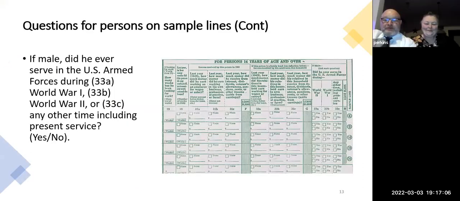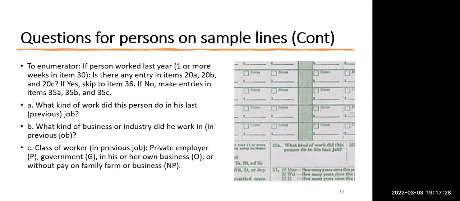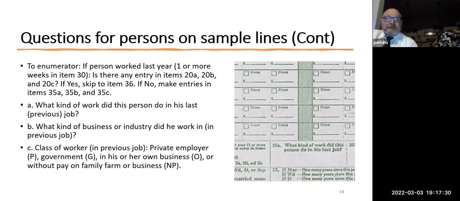The next question that was asked of them was about their military service, if the person had spent any time in World War I, World War II, or any service at all. And then it gets into specific questions. The sixth person that they enumerated, who fell into this additional questions group, was also asked a few additional questions relating to their work employment.